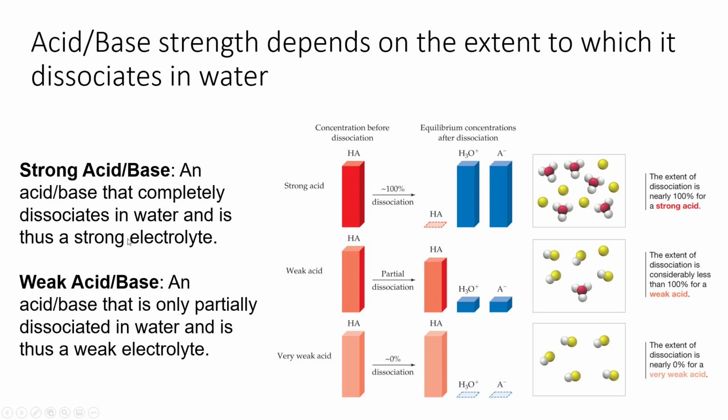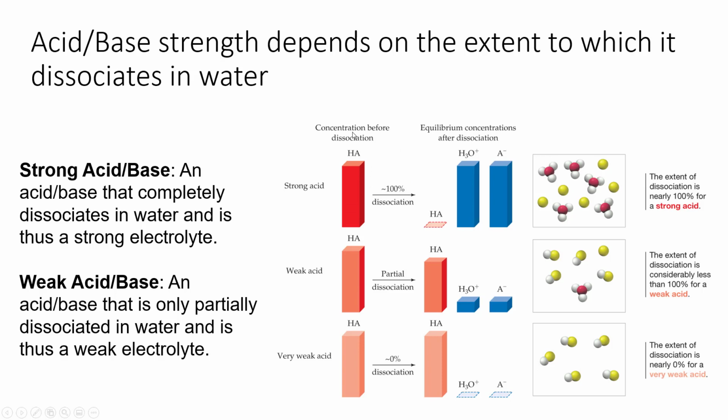A strong acid or strong base is one that completely dissociates in water and is thus a strong electrolyte. In this schematic, we have a concentration of a strong acid that's put into water, and over here we can see the concentration at equilibrium.